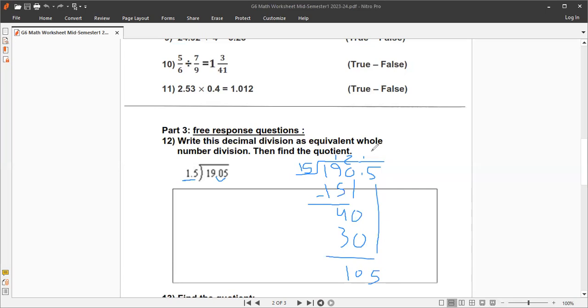I think it's 7. You have to try, by the way. But it's 7. 7 multiplied by 15 is 105. Then you subtract, you get 0. So the answer is 12.7.